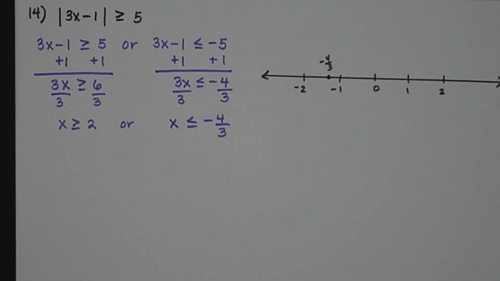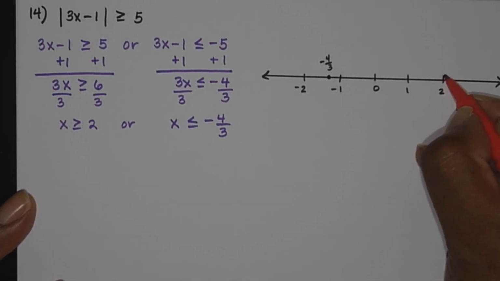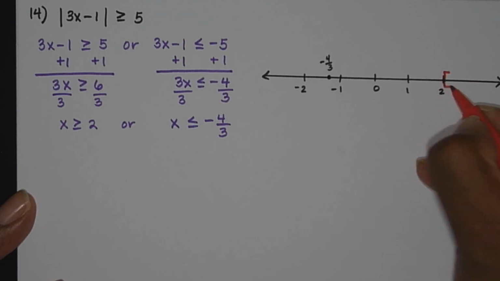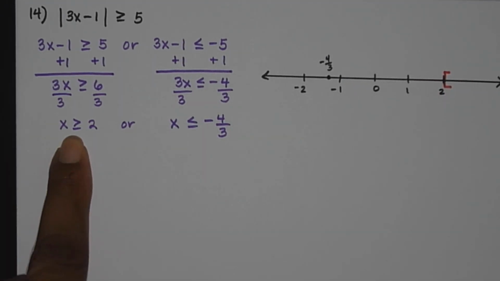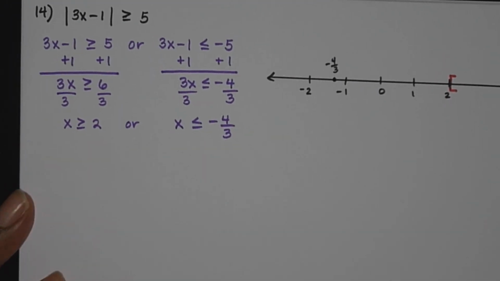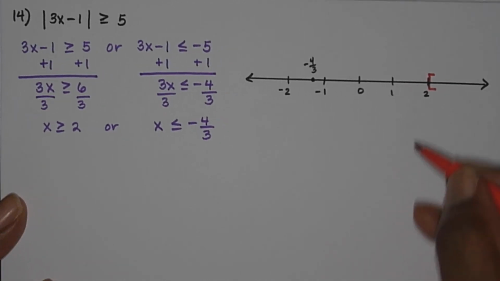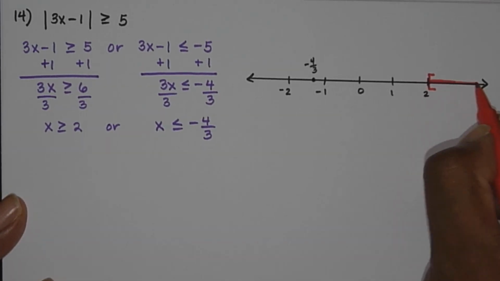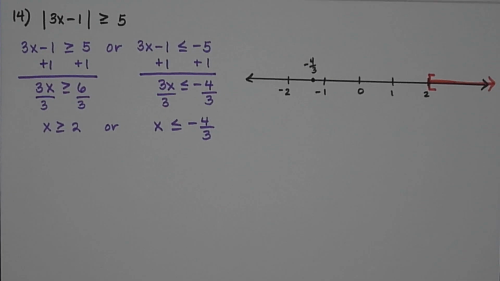Let's start with x is greater than or equal to 2. I need brackets or parentheses. Brackets, because we're including the 2. So I'm going to use a left bracket at 2. That greater than symbol points to the right, so I need to shade to the right, like this.